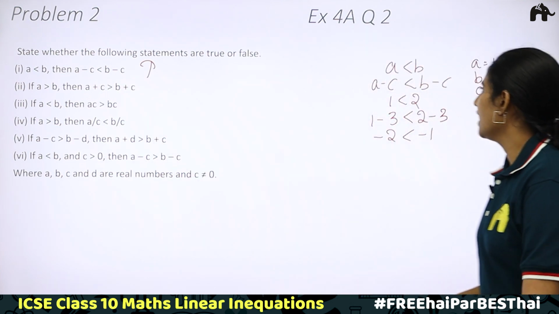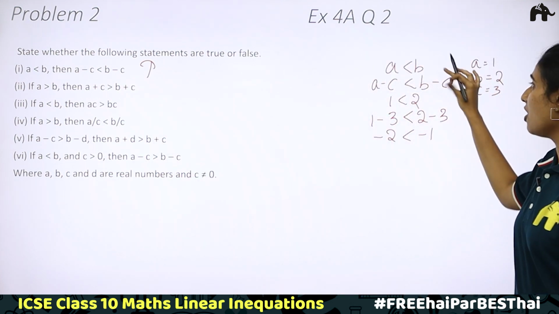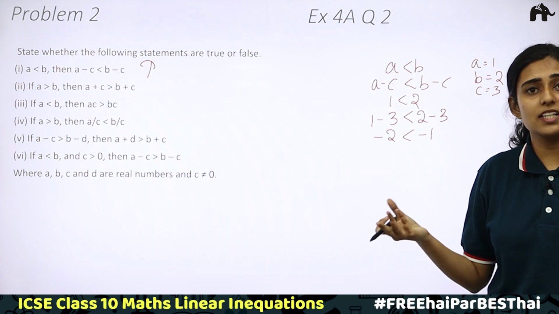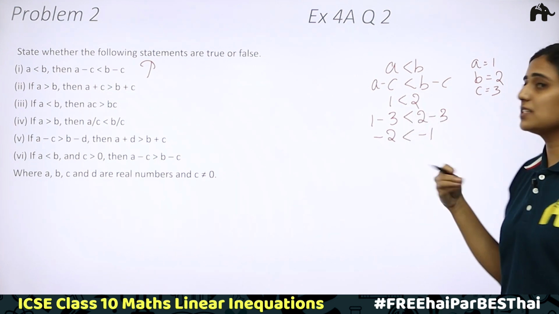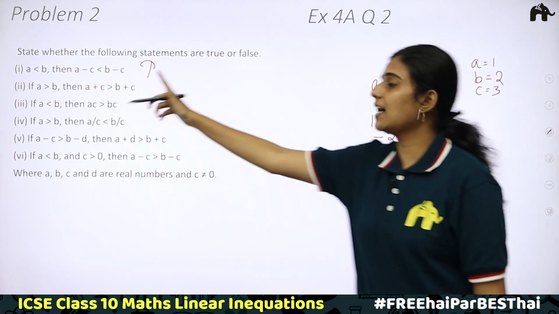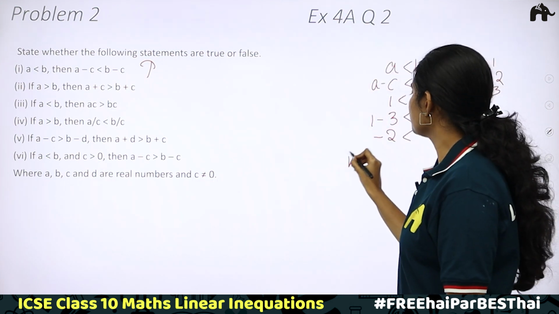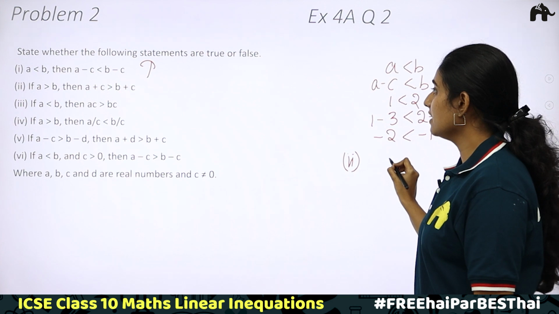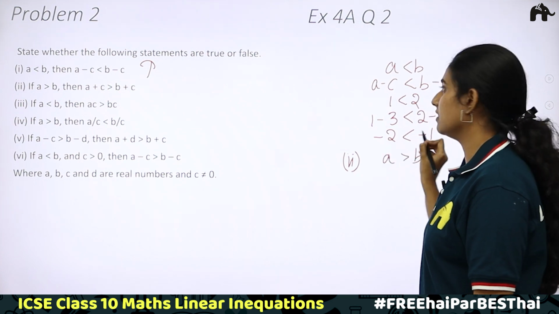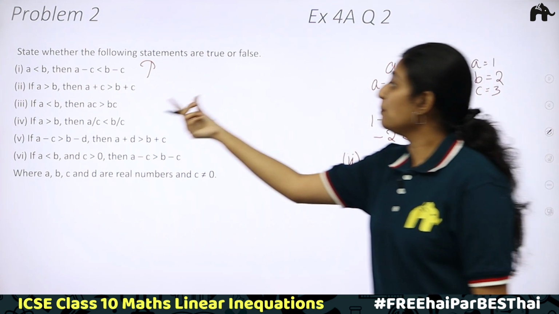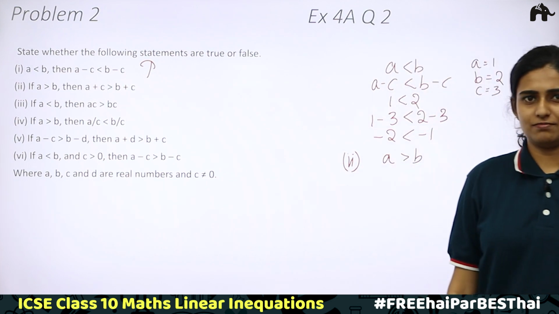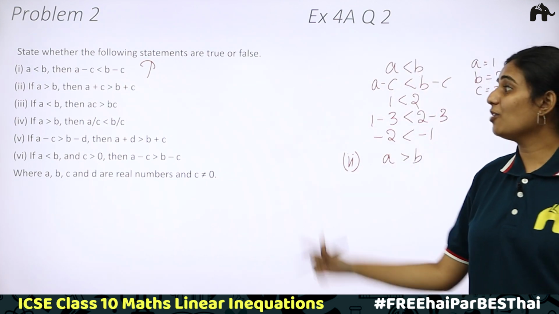Very simple. If you are unable to solve this or if you don't remember the rules, you can just put some random numbers obeying the conditions. Now the second one. Given A greater than B, then A plus C greater than B plus C. What is done here?